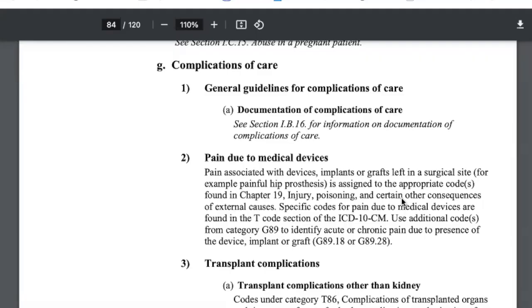So when you talk about complications of care, guys, this is a type of injury the patient would develop or sustain because of some medical intervention.